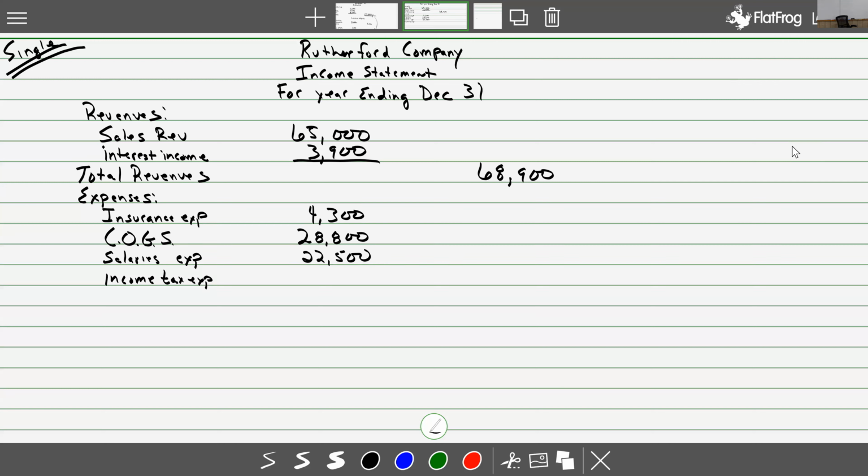Income tax expense, 2,400. And a loss on disposal of property, plant, and equipment of 1,200. You can add those all together, and we are going to get our total expenses of 59,200.